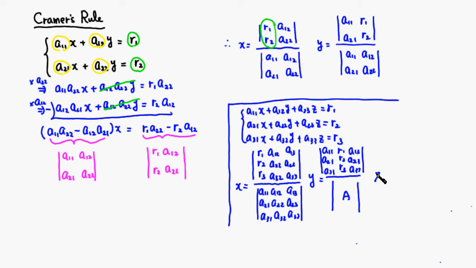And the last one, z, is the same thing, determinant on the bottom. Then you replace the third column with r1, r2, r3. Then everything else stays the same, a11, a12, a21, a22, a31, a32. So that's Cramer's rule in the 3x3 case.